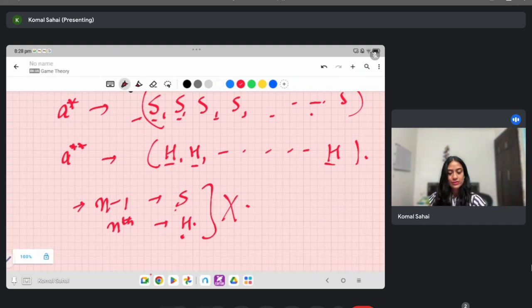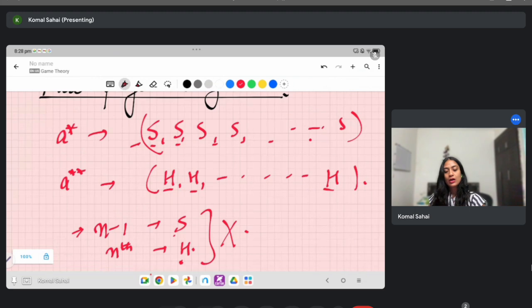So this is the same case as S, H in our two-player game. So here also you will have two Nash equilibria, a higher level and a lower level.